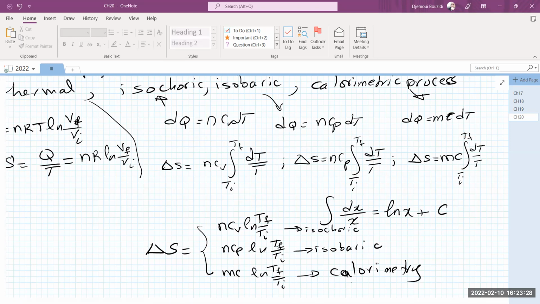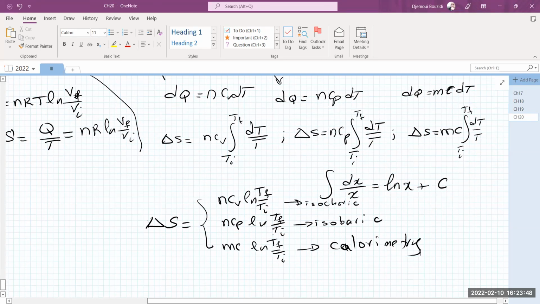The key word in here is that the temperature in this ratio is in Kelvin. If you're going to find the Q by itself, you can use Celsius. You can get away with it for the Q, but you cannot do it for delta S because it involves this ratio of the two temperatures, the initial temperature and the final temperature. It has to be in Kelvin, okay?